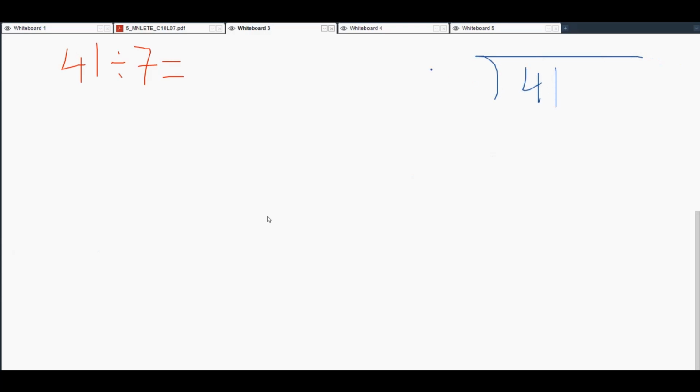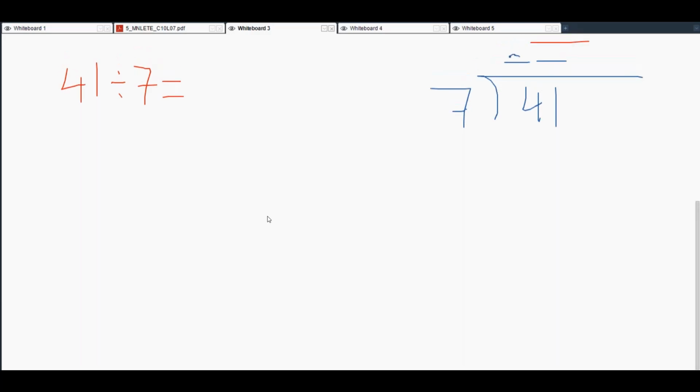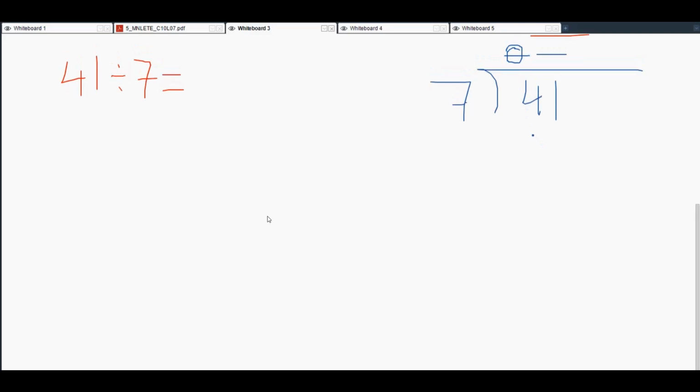It will be 41 divided by 7. 41 is 2 digits, so put 2 dashes. We have 4 divided by 7 can't be, so put 0 up, 0 down. Minus, 4 minus 0 equals 4, and bring down 1. 41 divided by 7.